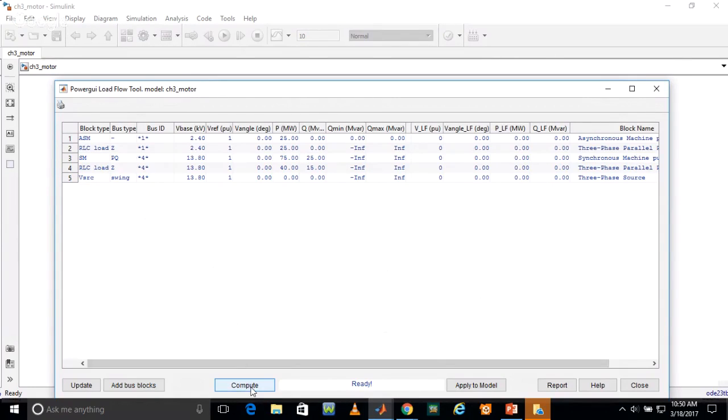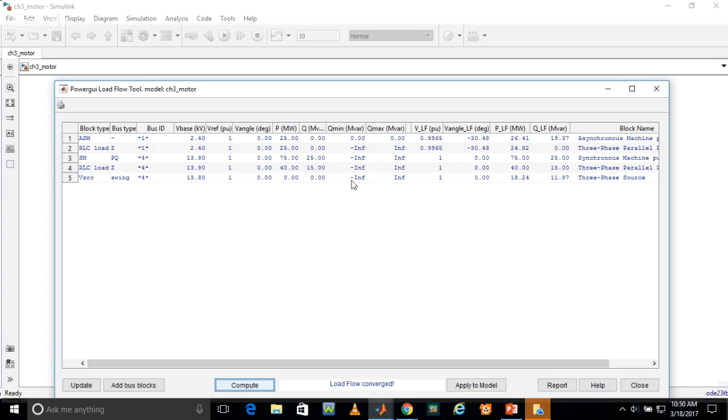We have to click on compute, and you will see the asynchronous machine requires 25 megawatt. The RLC load requires 25 megawatt. The SM, that synchronous machine, is providing 75 megawatt and 25 MVAR reactive power. The RLC load is 40 megawatt and 15 MVAR, and this is our voltage source.